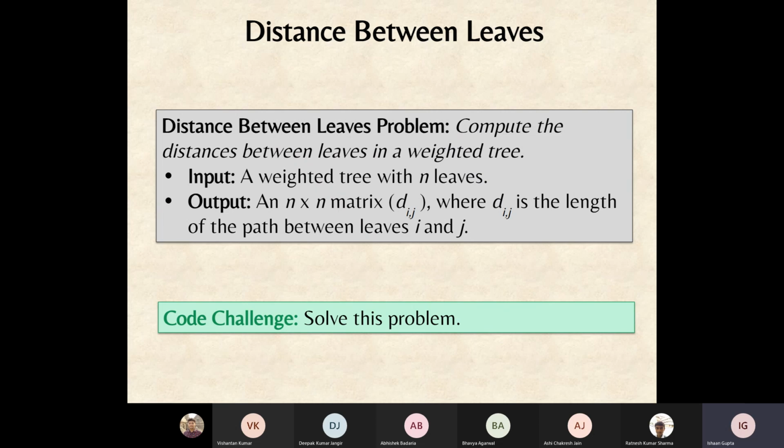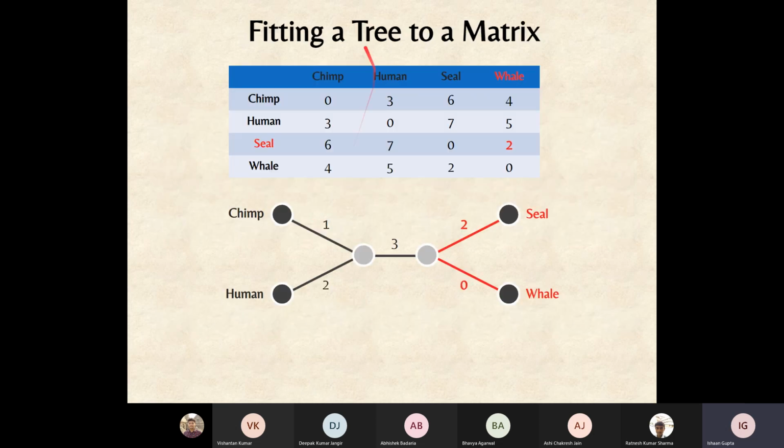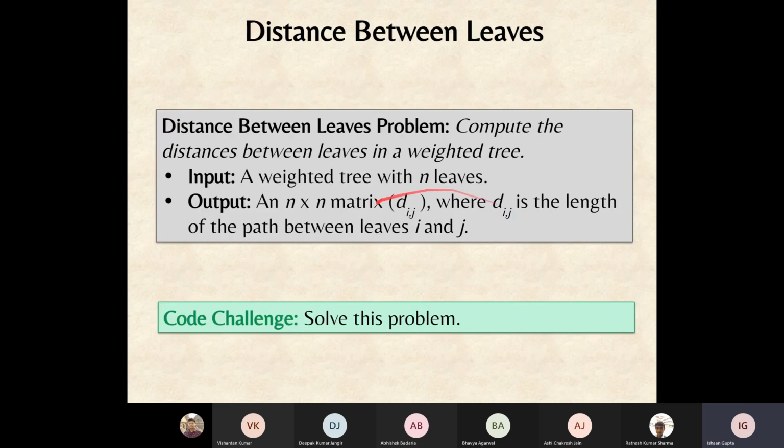If you solve this problem and get a matrix, and this matrix is equivalent to the distance matrix from which you are making the tree, then you have solved the problem. The original problem was: given a matrix, fit a tree.